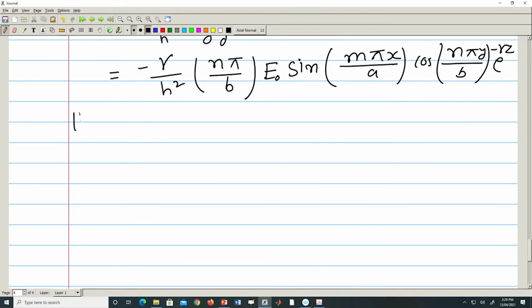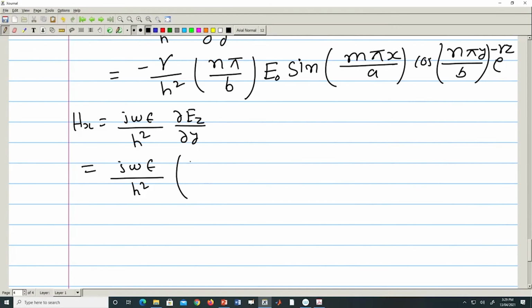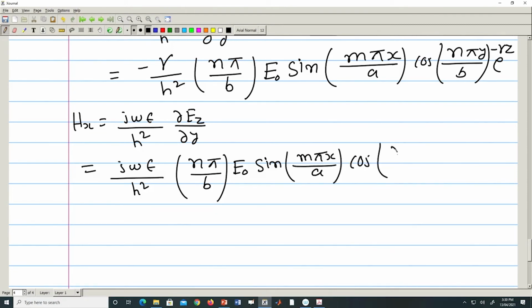This will come j omega epsilon by h square, n pi by b, since the differentiation is on y, and the second term is E naught sin of m pi x by a cos of n pi y by b e to the power minus gamma z. Similarly, next we will get H y, and this is only for the TM to Z mode.